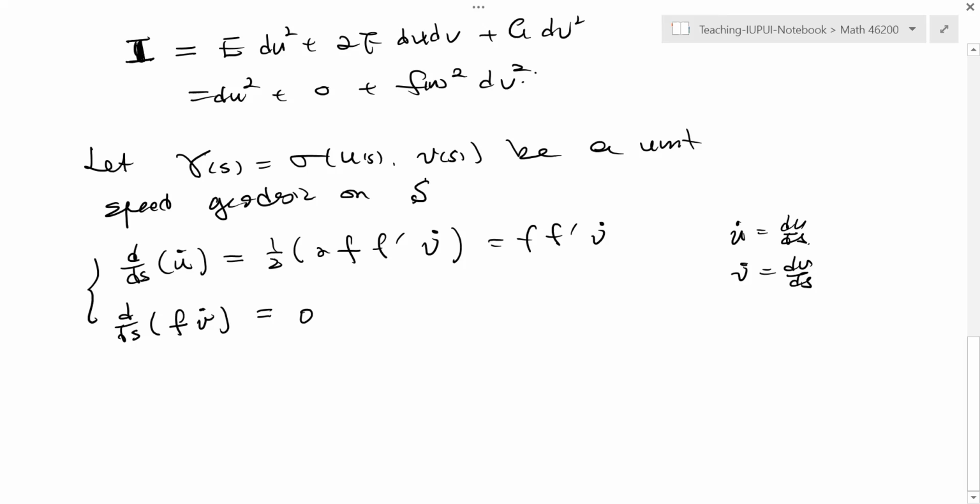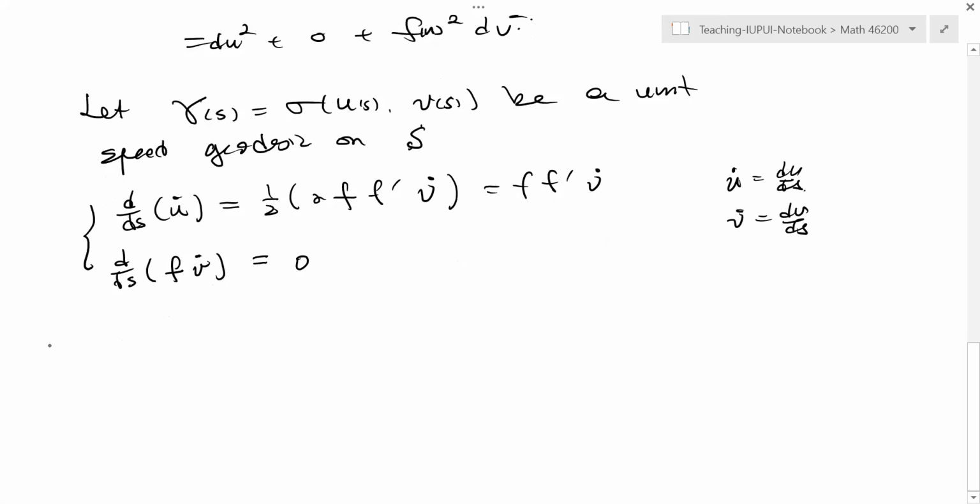Let's state the first result: every meridian is a geodesic.